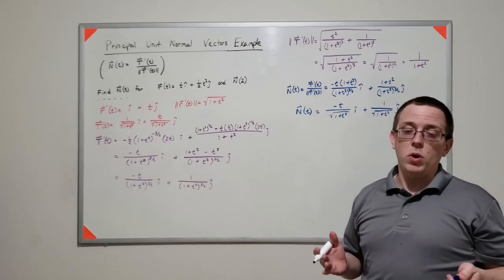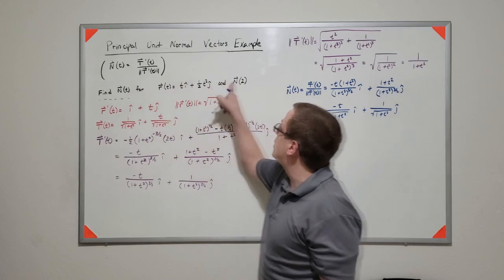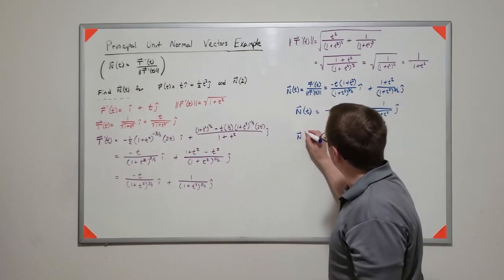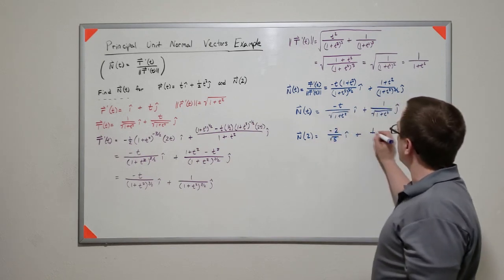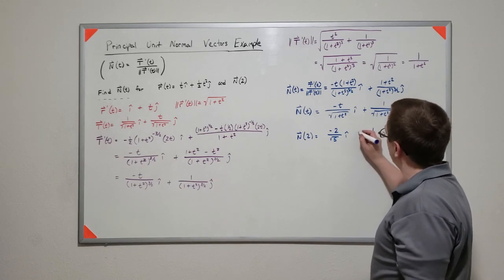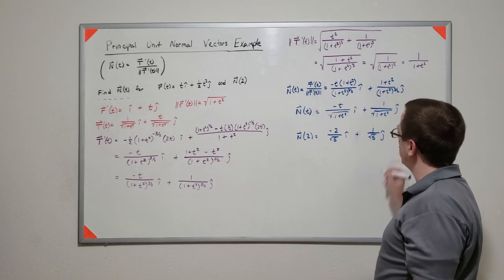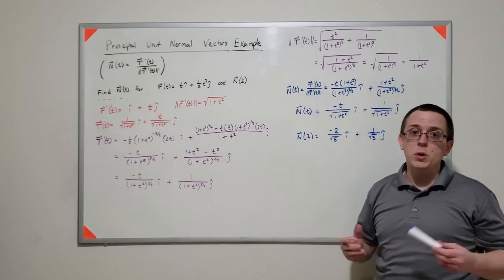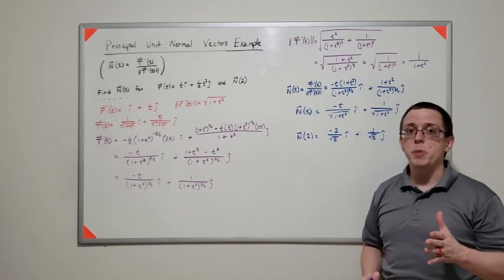Then what we would want to do at this point is find N at 2. So N at 2 is negative 2 over the square root of 5 i plus 1 over the square root of 5 j. And yeah, computing unit normal vectors is pretty tough. So practice makes perfect here.